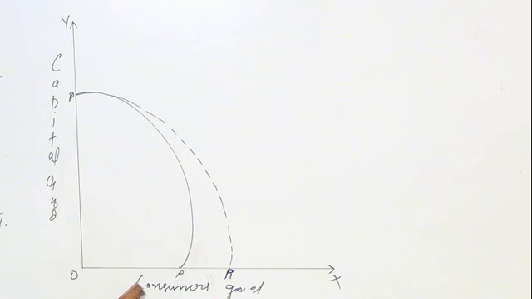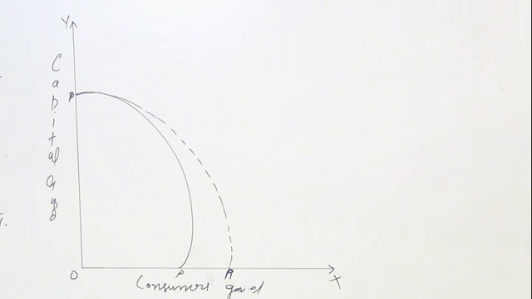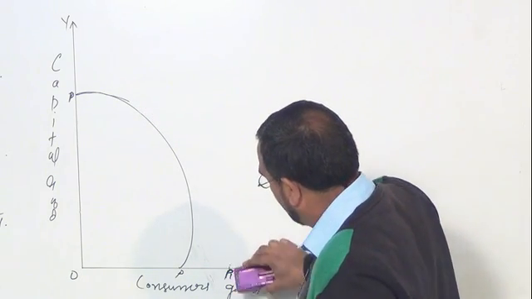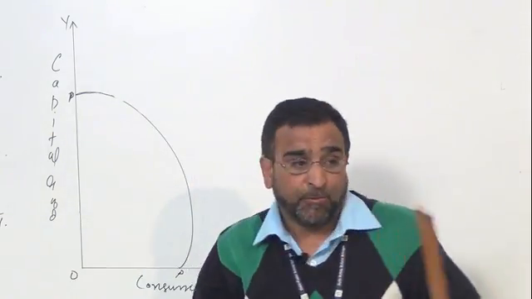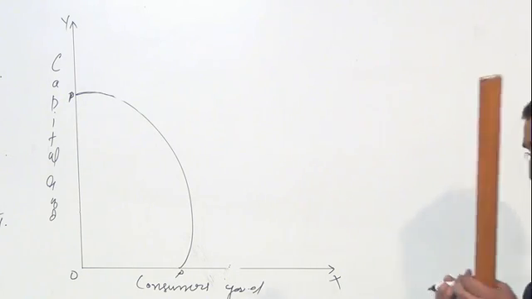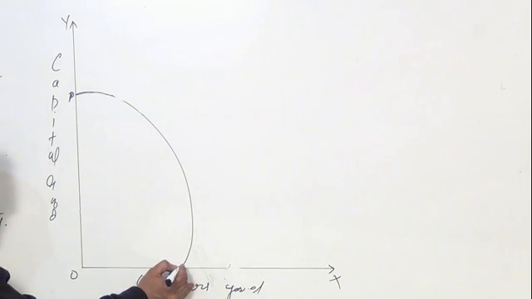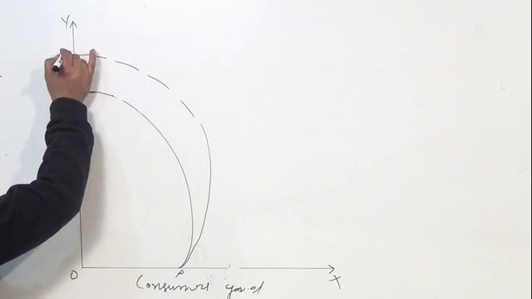That means when it rotates towards x-axis, it is simply because you are able to produce more of x and the same goods of y commodity. This is one type of rotation. Next type of rotation, sometimes the production possibility curve rotates towards the y-axis. What happens at that time? The production possibility curve remains same on x-axis, but it makes a shift towards y-axis.